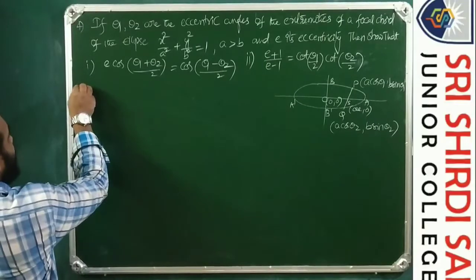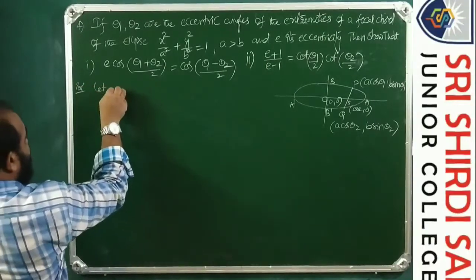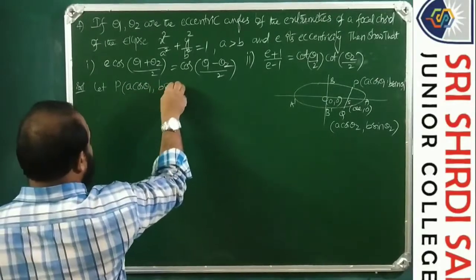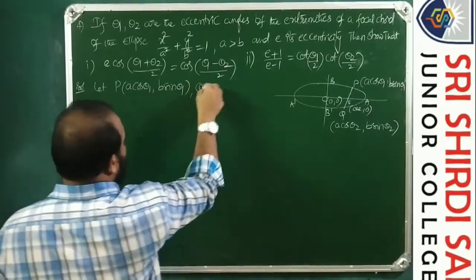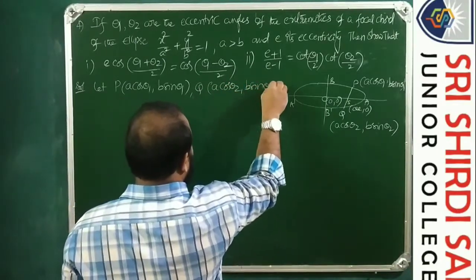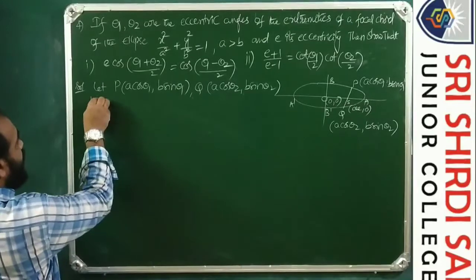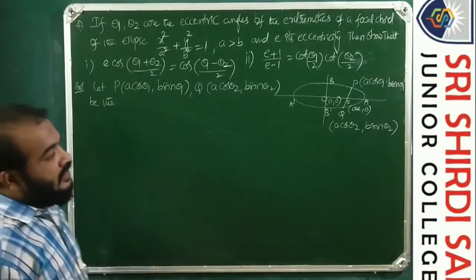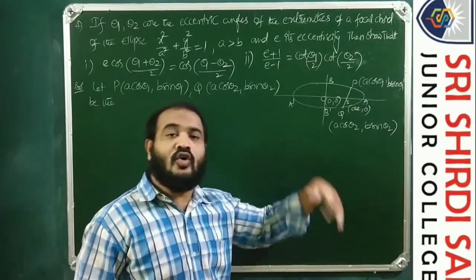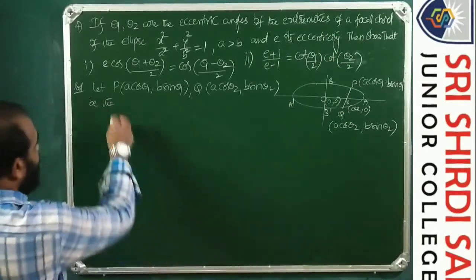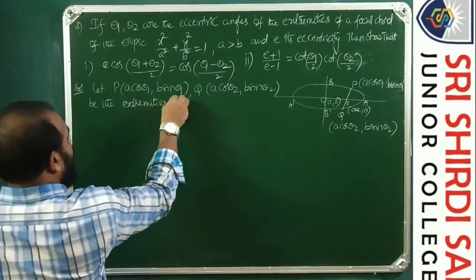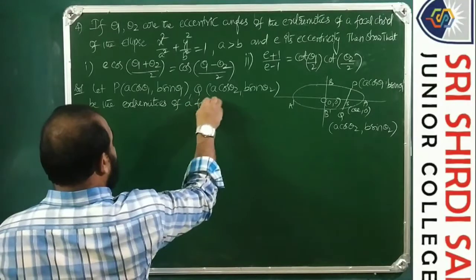So let P (a cos theta 1, b sin theta 1) and Q (a cos theta 2, b sin theta 2) be the ends, or extremities, of a focal chord.